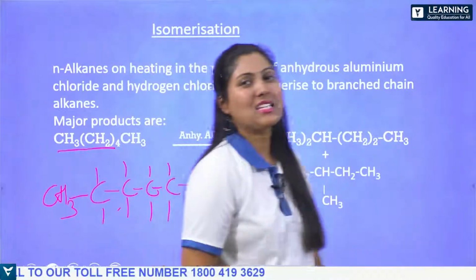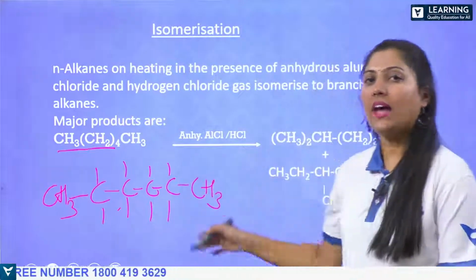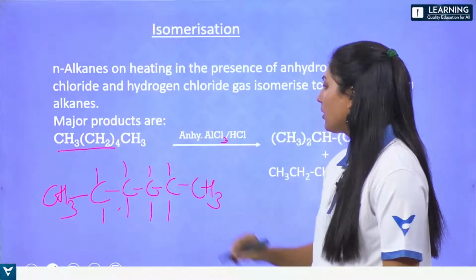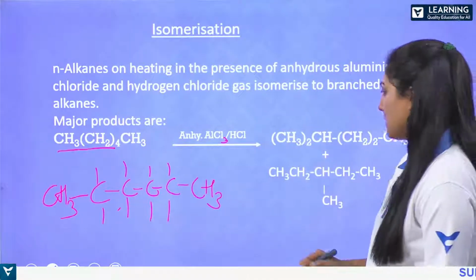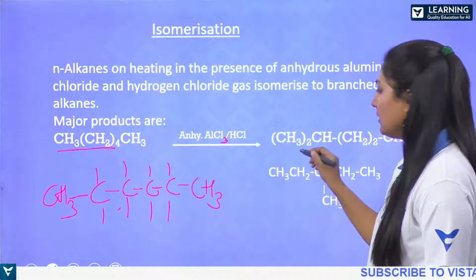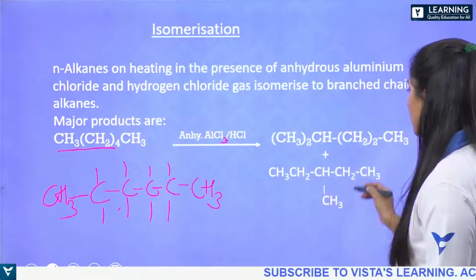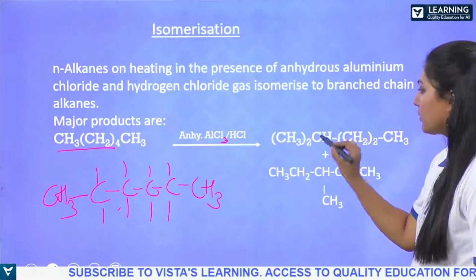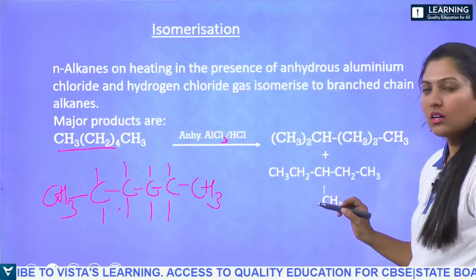When this hexane is subjected to anhydrous aluminum chloride and hydrochloric acid gas, what happens? We get two major products. The branching takes place, so one CH3 will be given to one of the carbon atoms.